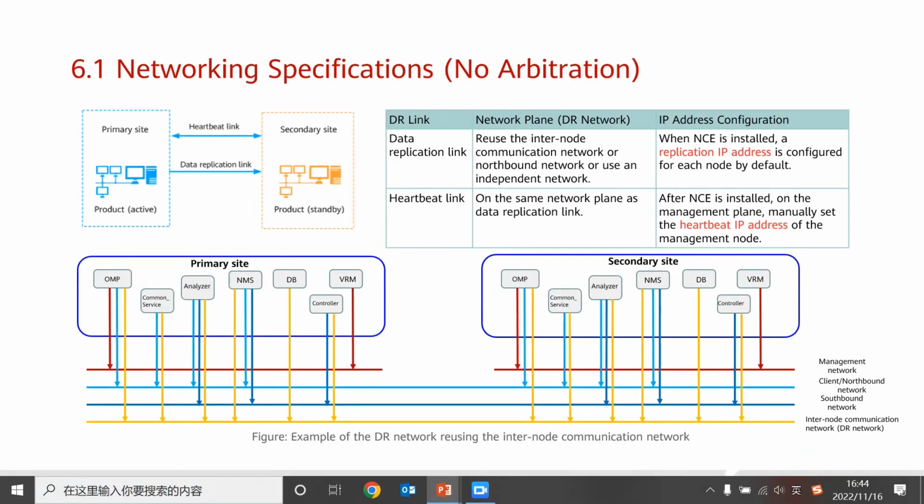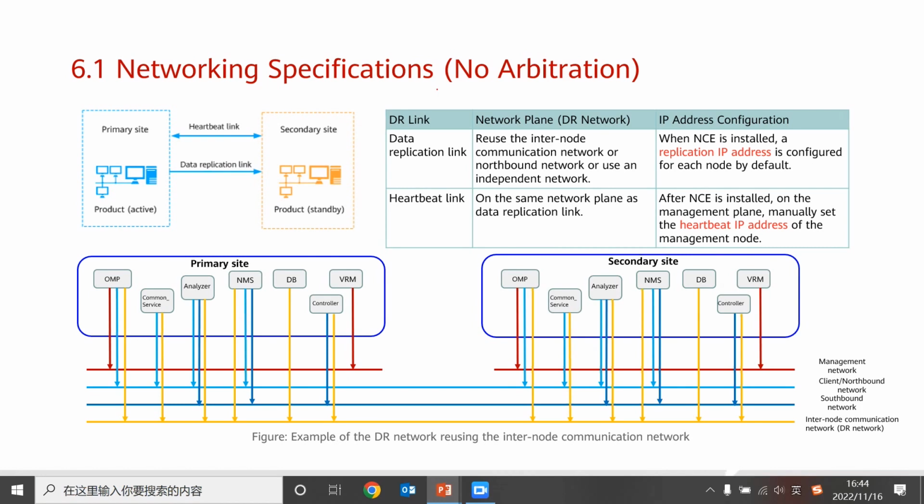And our last part, as we have seen before, different nodes need to be connected to different network planes so that the DR system is able to work. So we look here, we have the heartbeat link and data replication link.